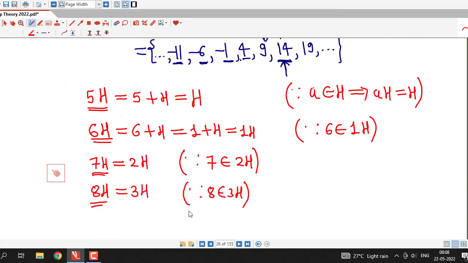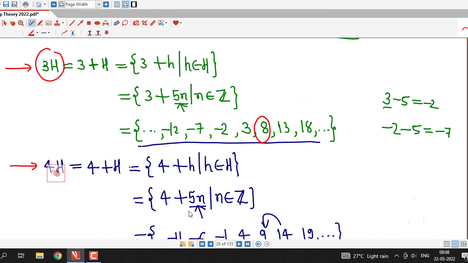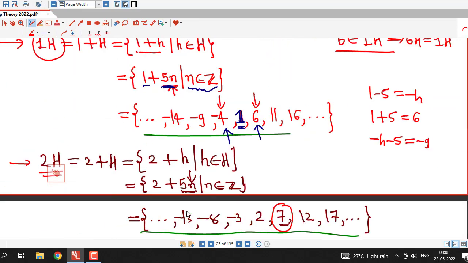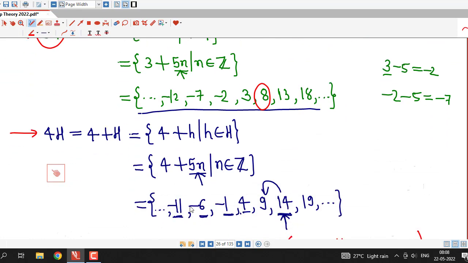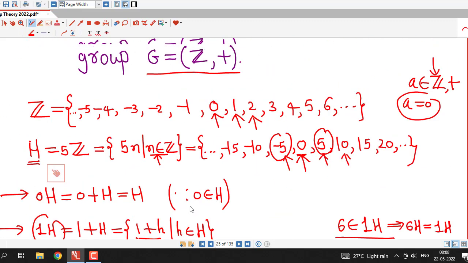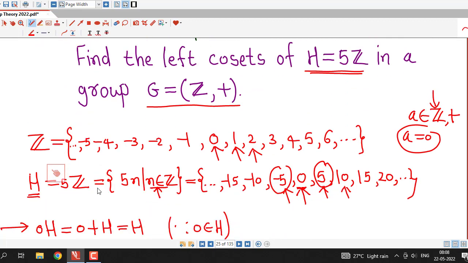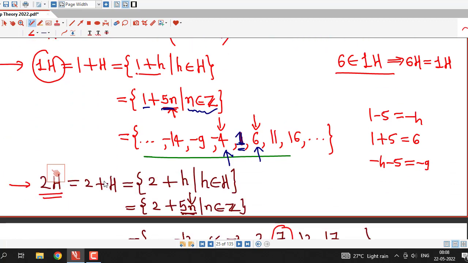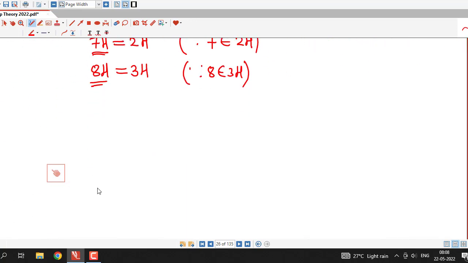So from this we can say that there are only 5 distinct left cosets starting from 0h to 4h, and the cosets corresponding to the remaining integers will be equal to any of these 5 cosets. So these are the only 5 distinct left cosets of the given subgroup.